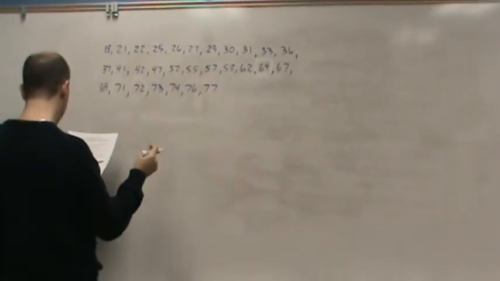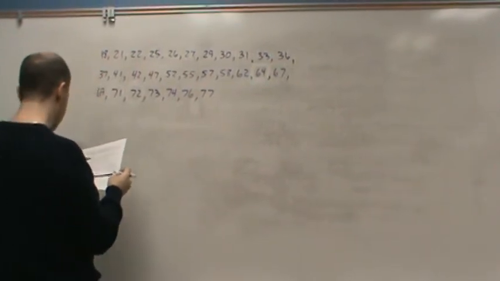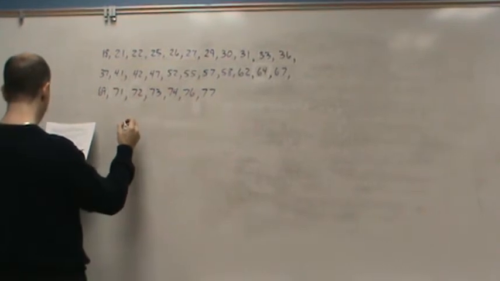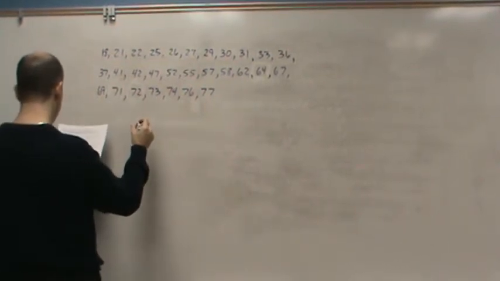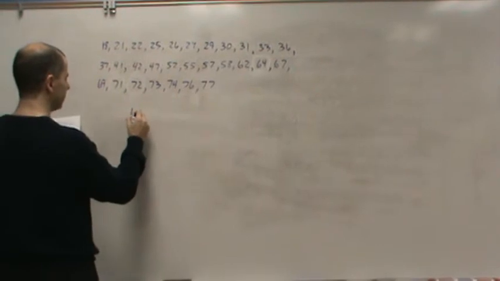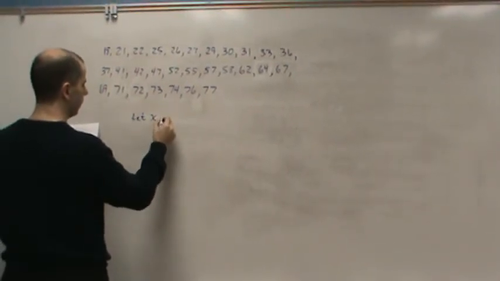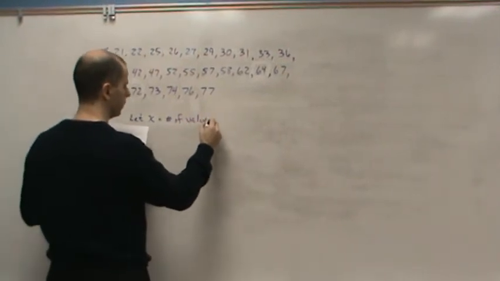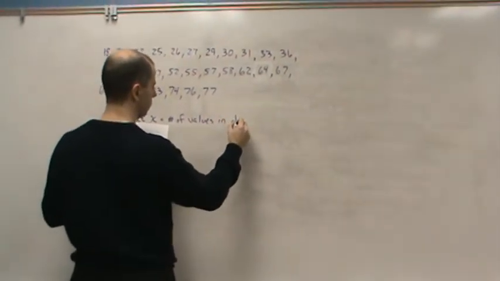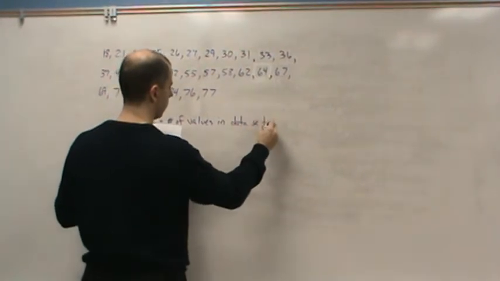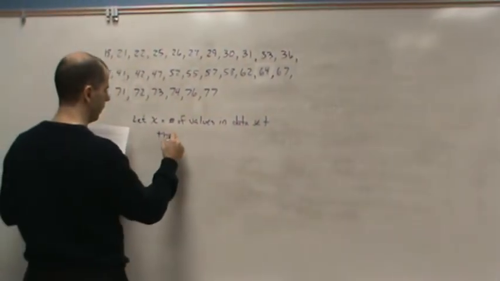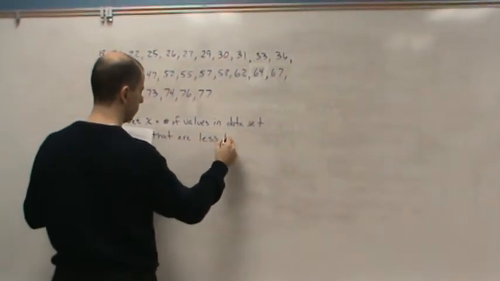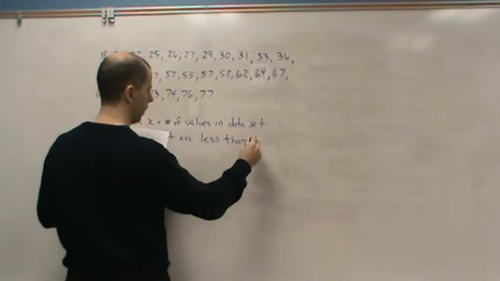Now, let's use this here. To find the value, I'm going to define a couple of things. Let x equal the number of values in the data set that are less than the given value.